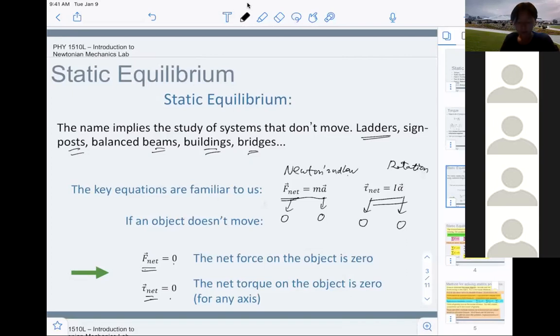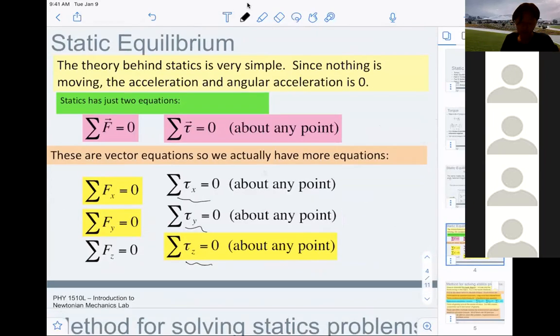So to balance an object, we need both of these to be true. We will balance the forces in all different directions: X component, Y component, Z component all have to be 0 if you have all 3 components. In terms of the torque, the X, Y, and Z components all have to be 0.